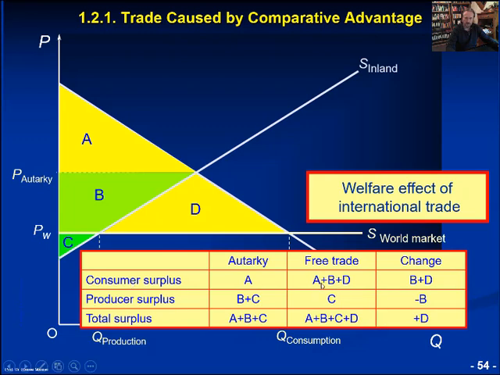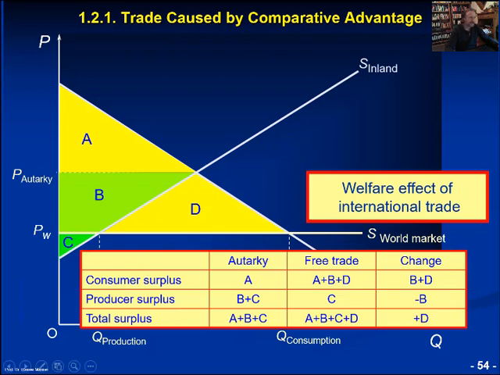Consumer surplus is A plus B plus D. Producer surplus is just C. Total surplus is A plus B plus C plus D. Producers, however, lose the area B and keep only the area C.